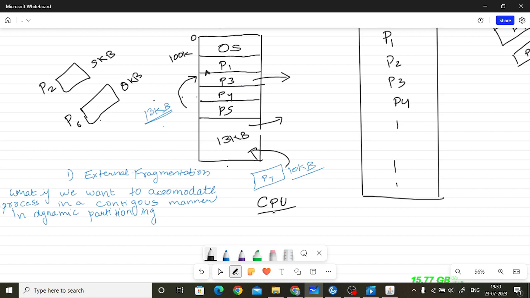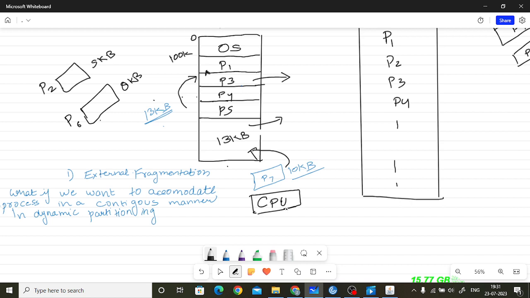Okay, and which is some headache for the processor. So it will consume some CPU time. In the meanwhile, instead of that, the CPU could have executed some process.